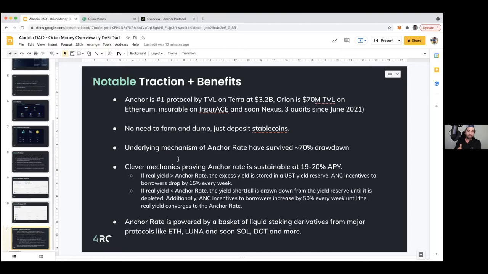I love this protocol because you're able to just deposit stable coins, earn yield denominated in the stable coin you put in, and not have to farm and dump.